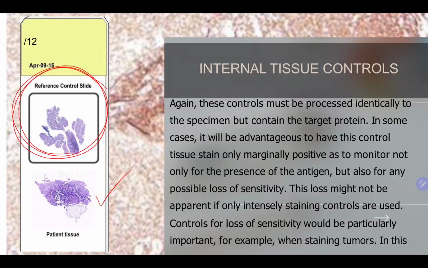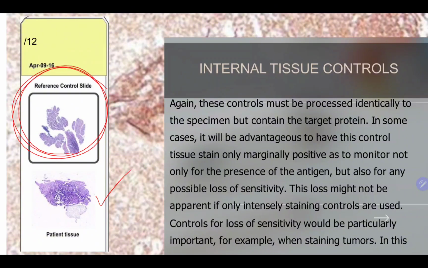It will be advantageous to have this control stain only marginally positive, as to monitor not only for the presence of antigen but also for any possible loss of sensitivity. This loss might not be apparent if only intensely staining controls are used. Controls for loss of sensitivity would be particularly important, for example, when staining tumors.